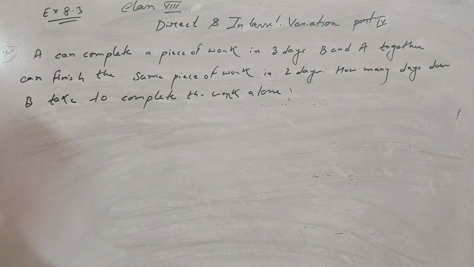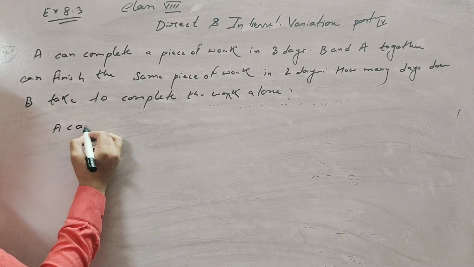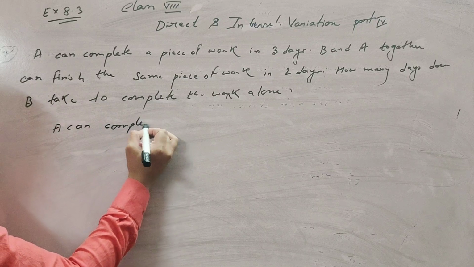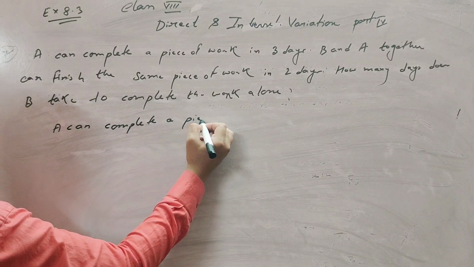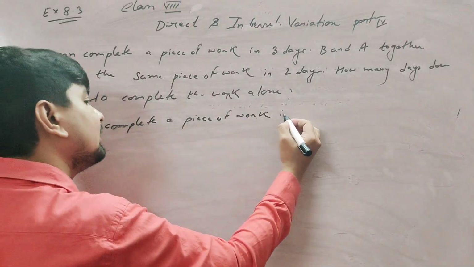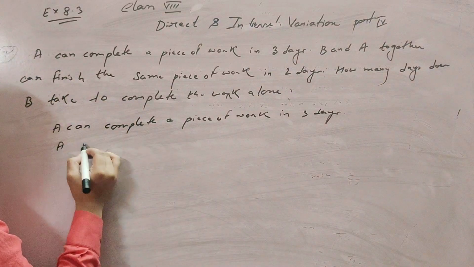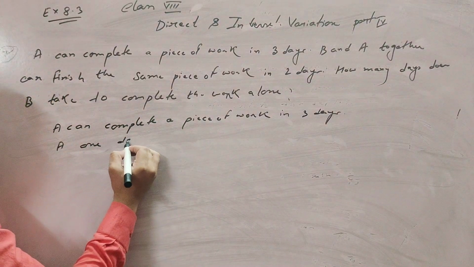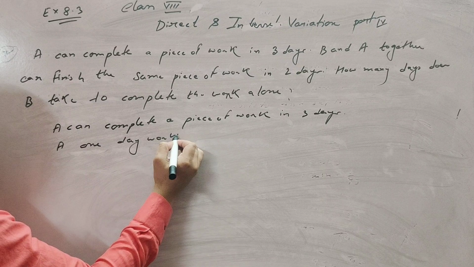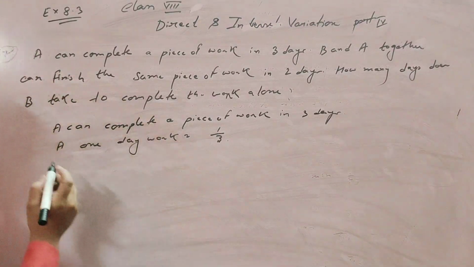First of all we write: A can complete a piece of work in 3 days. A's one day work equals 1/3. Clear?